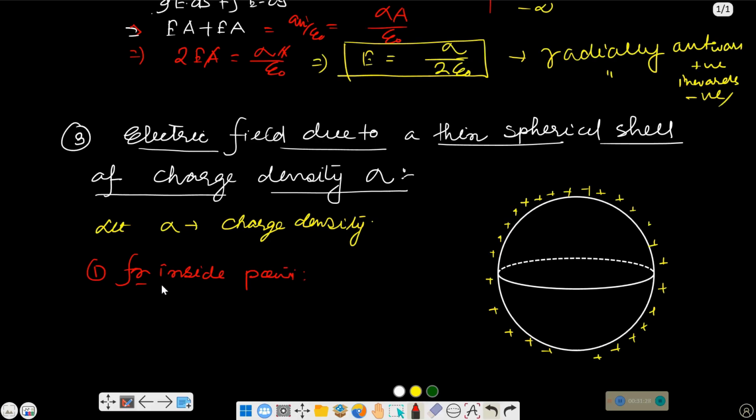Now for the derivation, when we do this derivation in the exam, we need to write it here. Let us consider a spherical shell of radius capital R, like this.